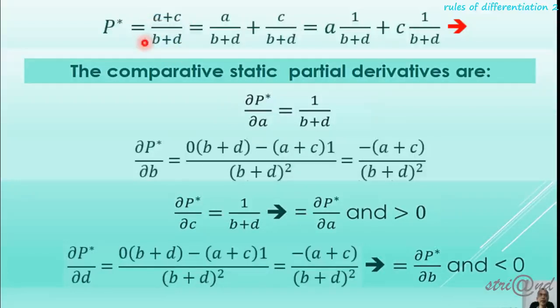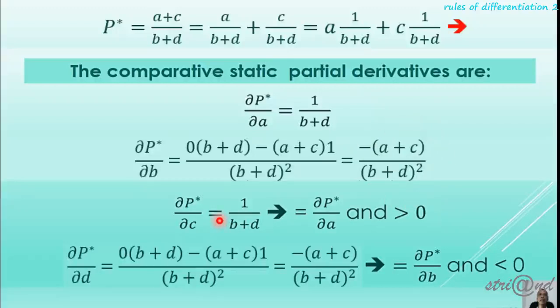Here we have P, and the derivative of P is 1, because it is the derivative of P star with respect to P. There is no P in this part of the function, so the derivative of a constant is 0, so it is only 1 here, divided by the square of the denominator, B plus D squared, and then we can simplify this, becoming this result.